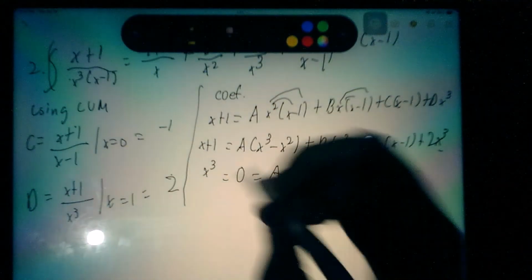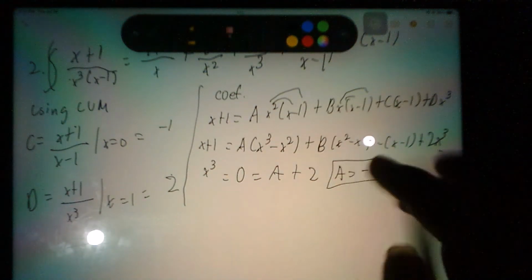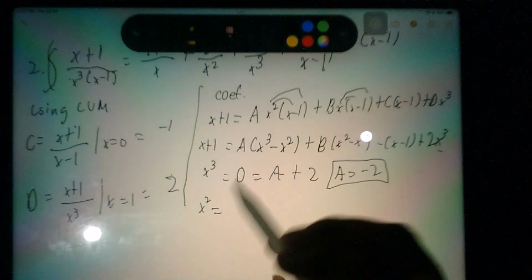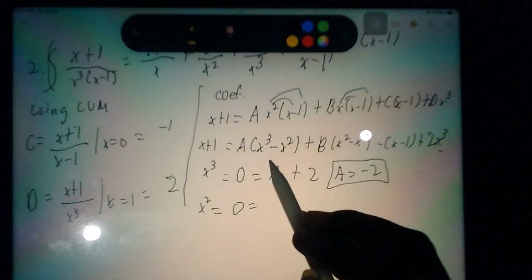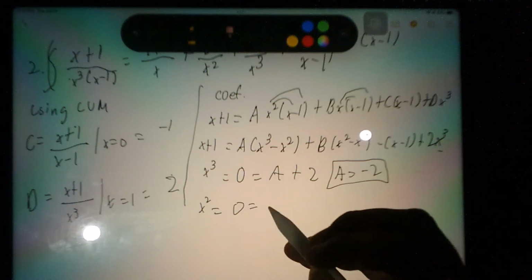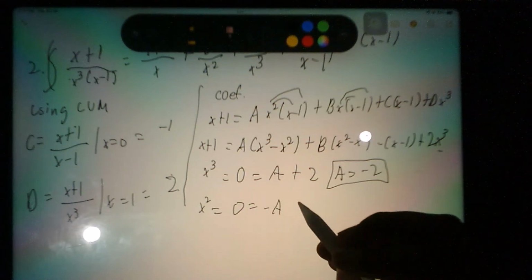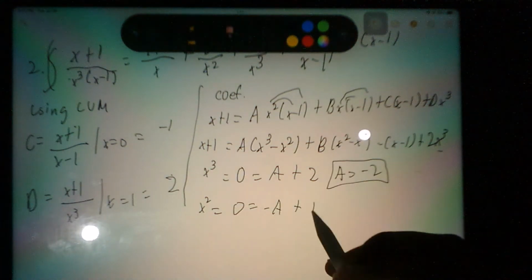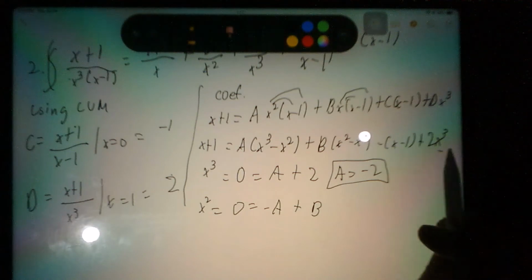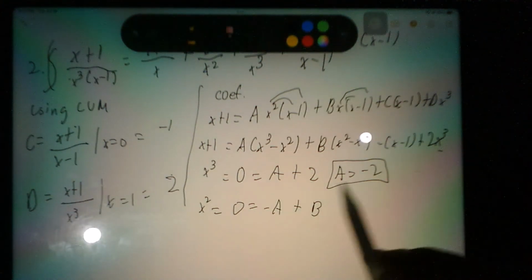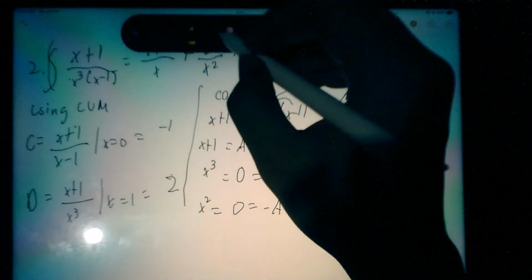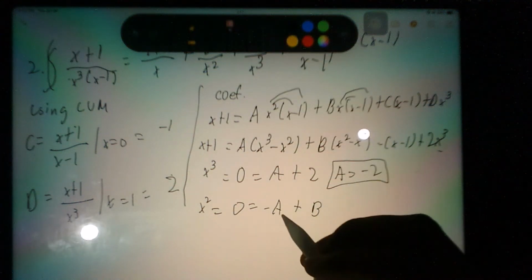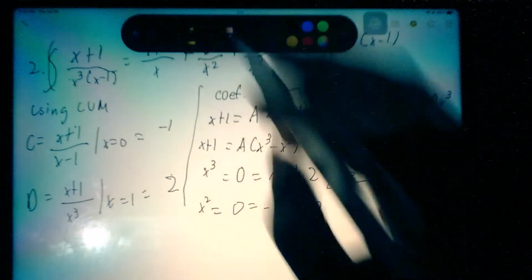And for our b, the first value is x squared, so x squared equals, is x squared found here? No, this is 0. Is x squared found here? Yes, that is negative a, plus, is x squared found here? Yes, that's b, and nothing more. Our a here is negative 2, so let's place that as negative 2.